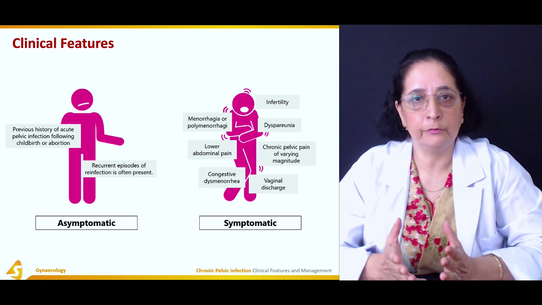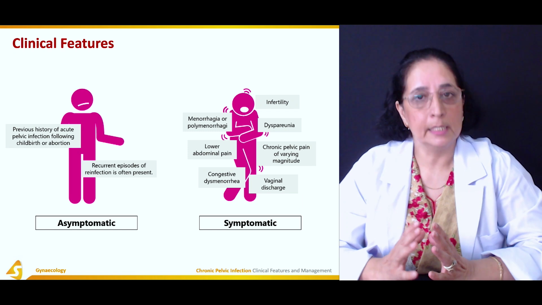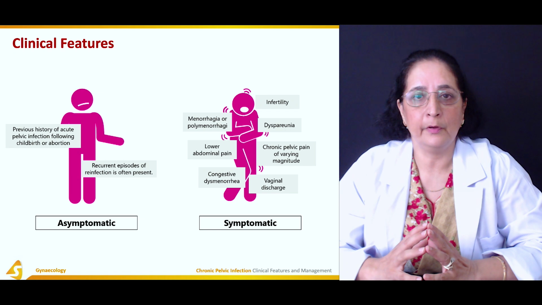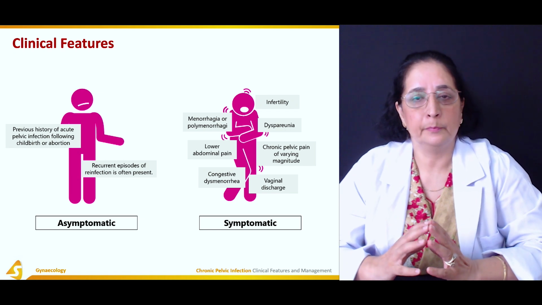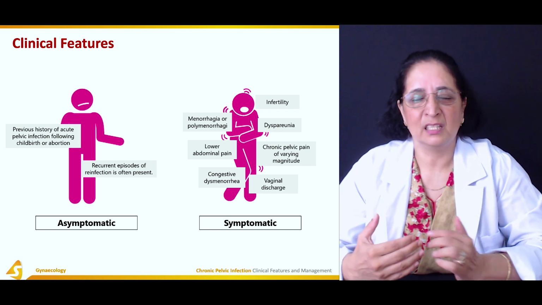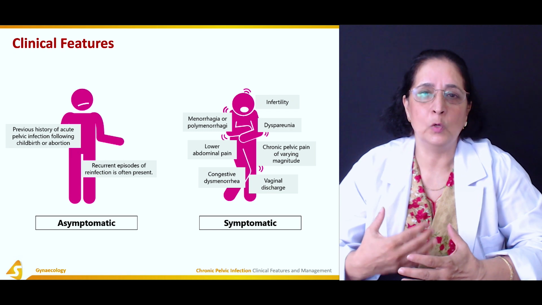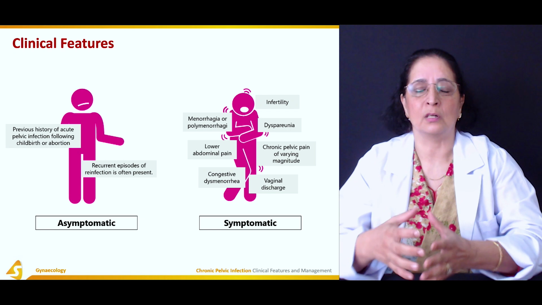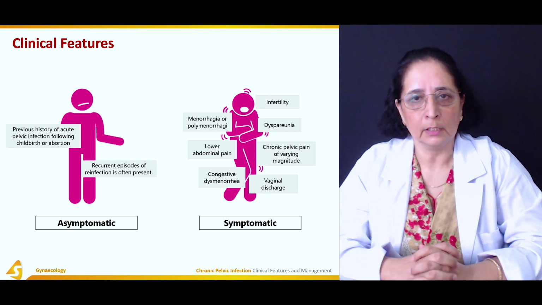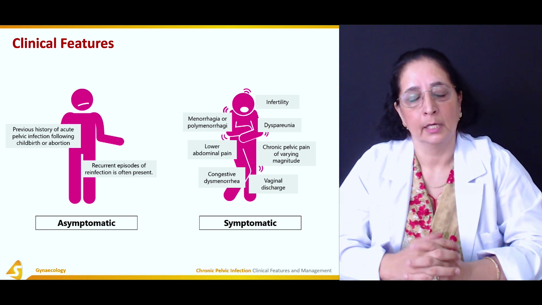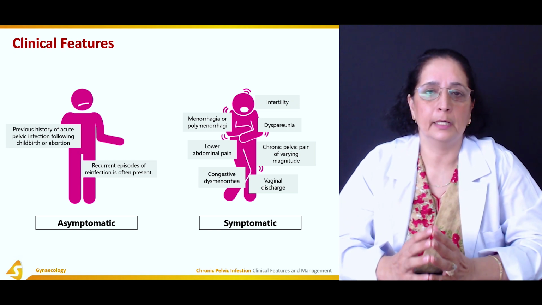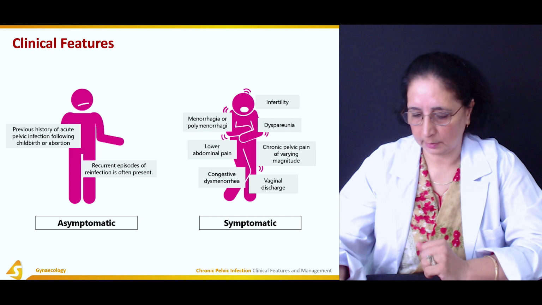We have infertility, dyspareunia, dysmenorrhea, menorrhagia, polymenorrhea. Sometimes there is foul smelling menstrual flow also in chronic pelvic infections, besides the vaginal discharge. So it's also very common.